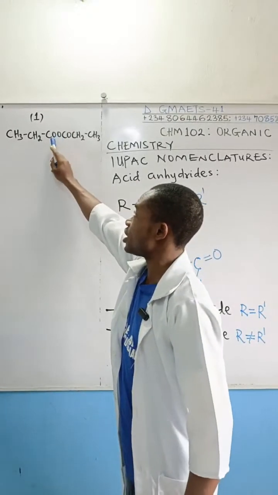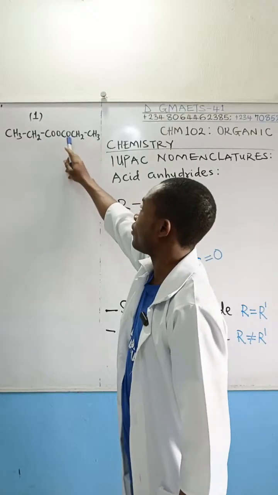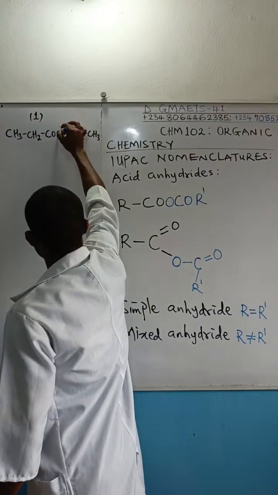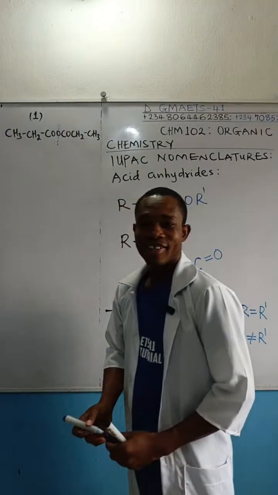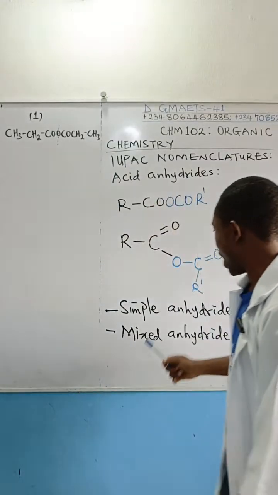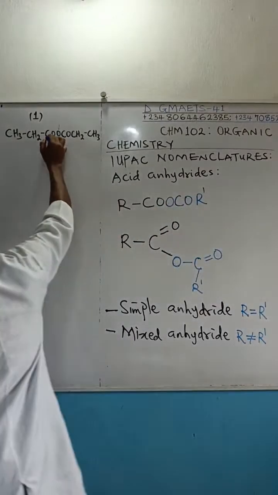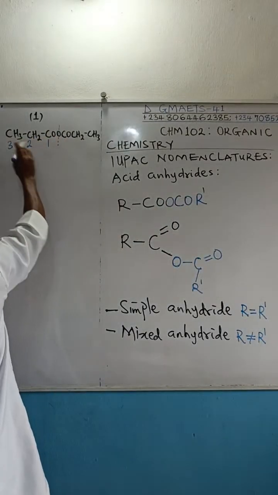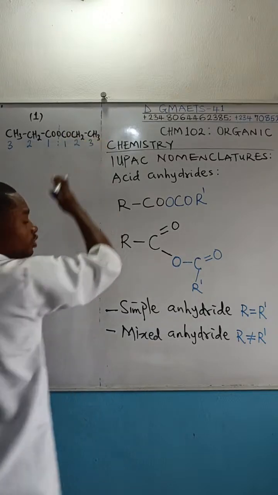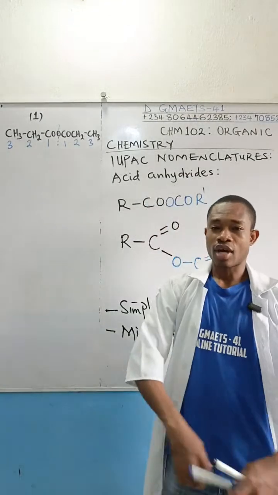Look at this. After this first CO, you have this oxygen and then another CO. That oxygen that the dotted line went through is this guy with a single bond. From there, you can now count 1, 2, 3. You count away.